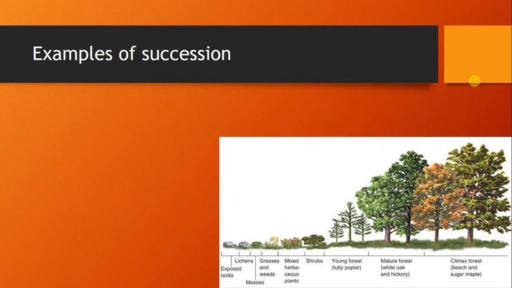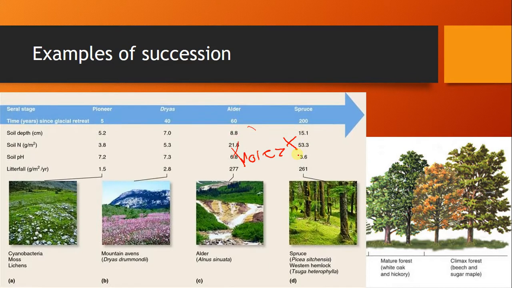Here is another picture of ecological succession in a deciduous forest, and in a glacial community, from the first mosses and lichens to spruces and western hemlock trees in a forest.